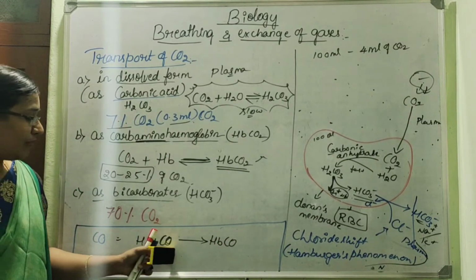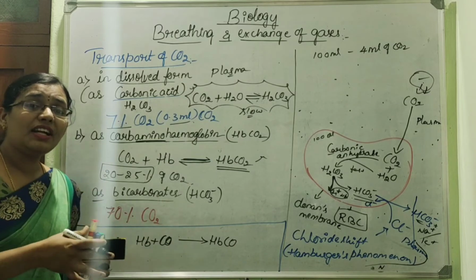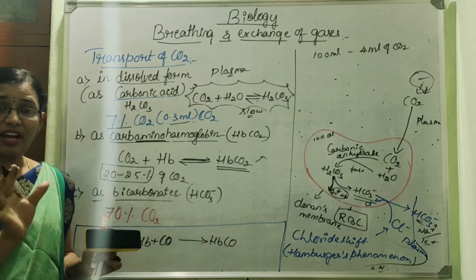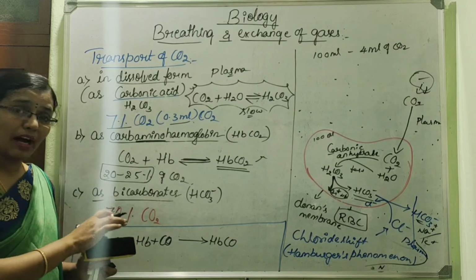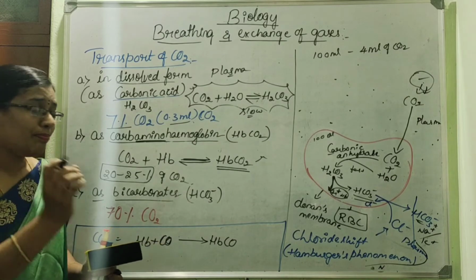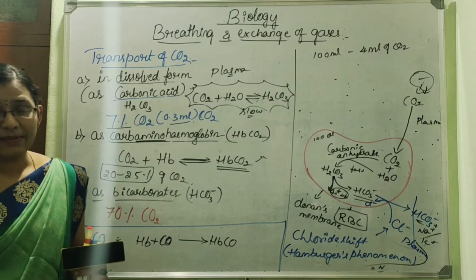It is permanently bound to the hemoglobin, and this reaction is not a reversible one. Once carbon monoxide binds to the hemoglobin, that's all. That is its fate. It will form HbCO permanently.